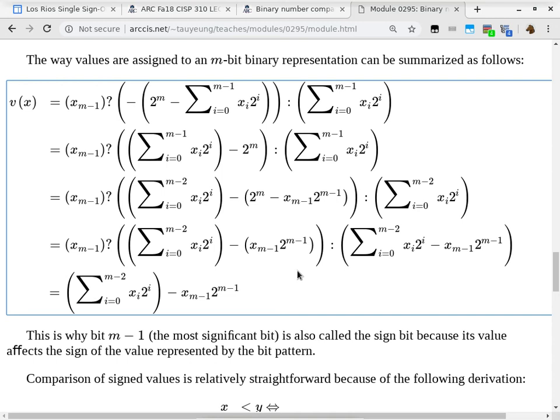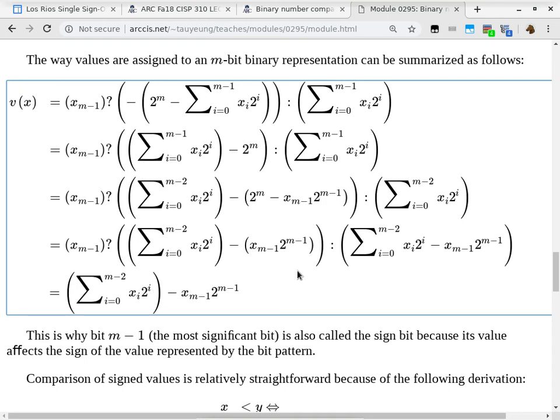This is 2 to the power of m minus 1. How many 2 to the power of m minus 1 do we have in 2 to the power of m? 2 of them, okay? So if I know this is one of them, and there are 2 of these in here, and I take away 1, I got 1 left. Is that okay? All right.